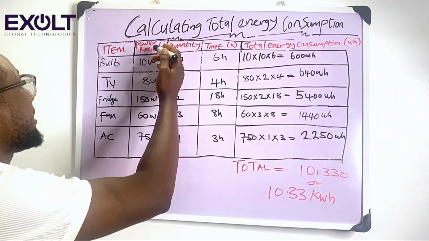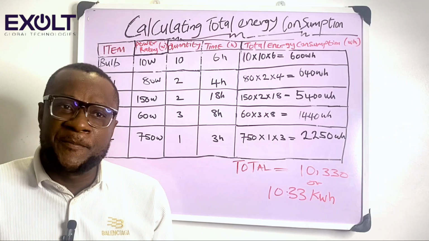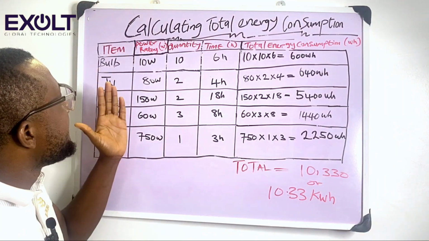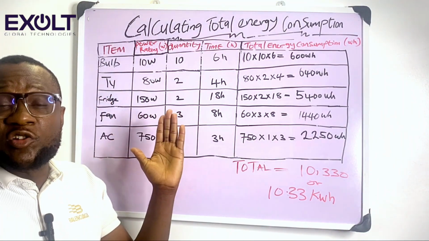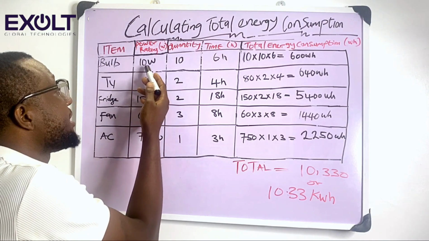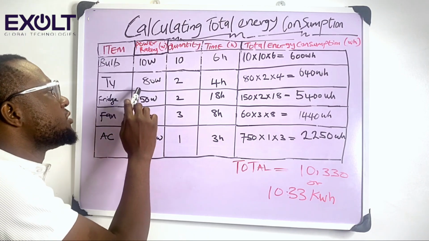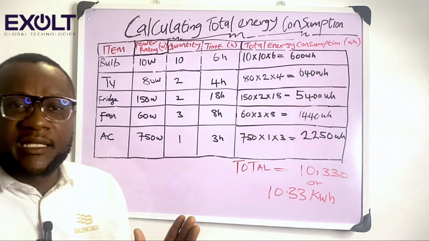Now you see the power rating. Each of these pieces of equipment has a power rating. If you go to the label or the data sheet on any of these gadgets, on your bulb there is information about the wattage. They are usually rated in watts. On the TV, you will see the wattage written on a data sheet.